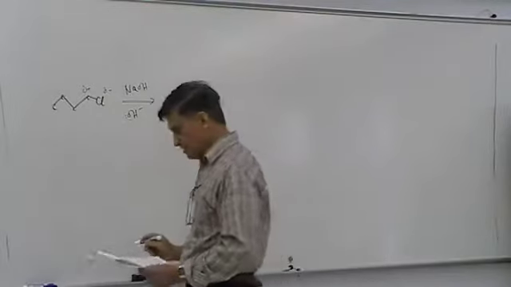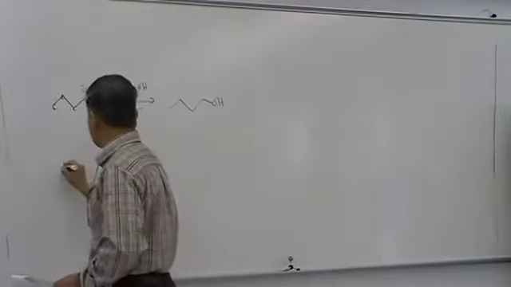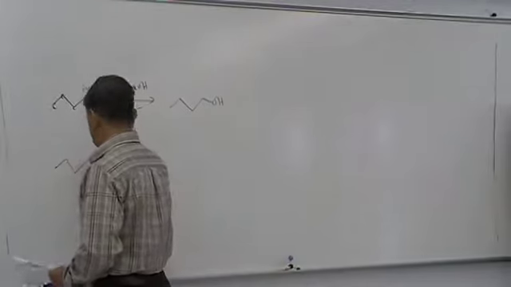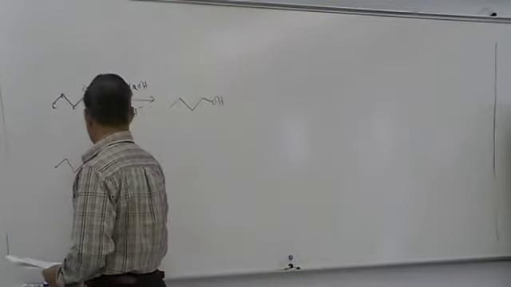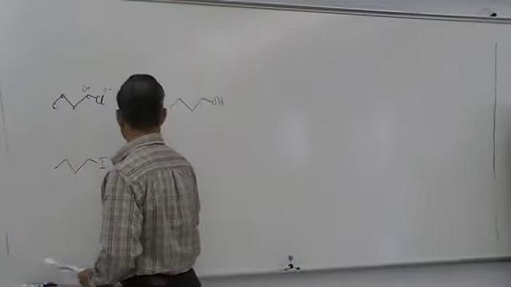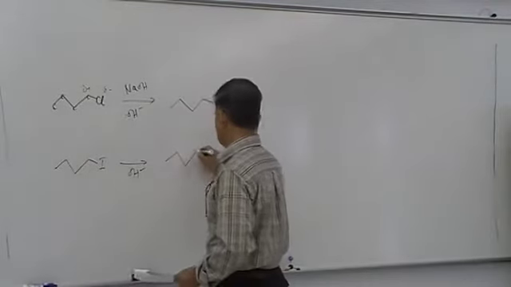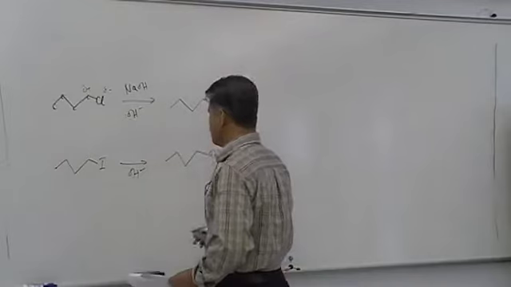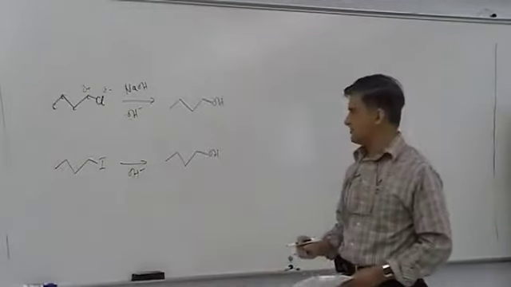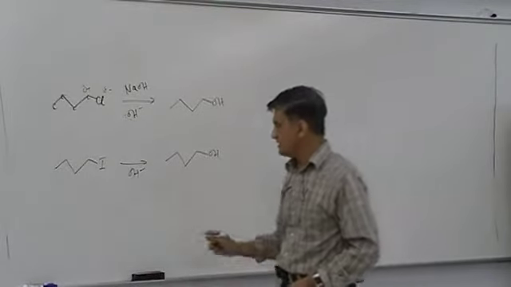Now I can write down another reaction, and then you can examine which reaction will be faster. In this case, I would have I, again OH minus, so it's going to be OH. Now if I give you these 2 reactions and ask you which one would be faster, your answer would be this.